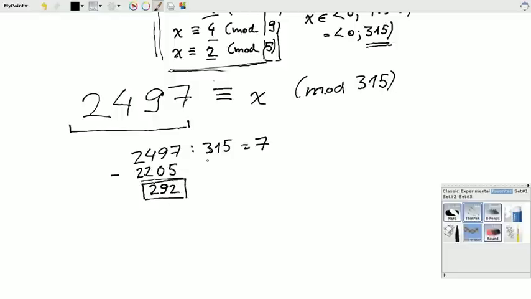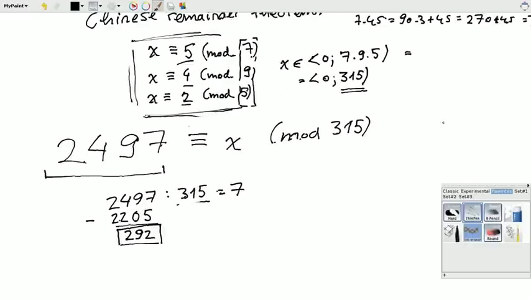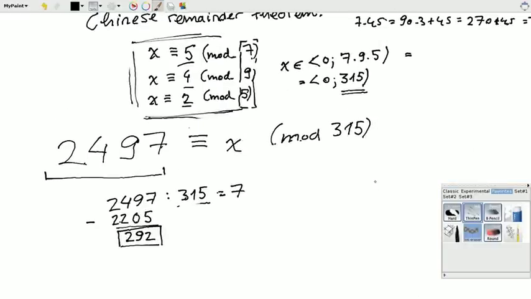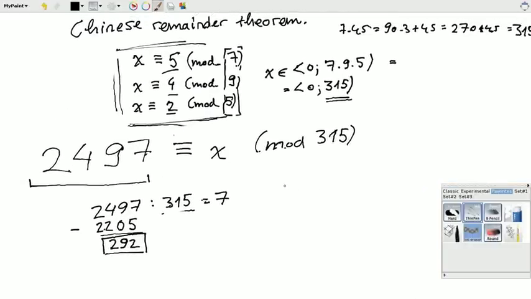This number is less than 315. And let's try and check that it also fits all the conditions. So 292, let's divide it by 7. So that would be 4, the remainder is 12. 12 divided by 7 is 1, and the remainder is 5.